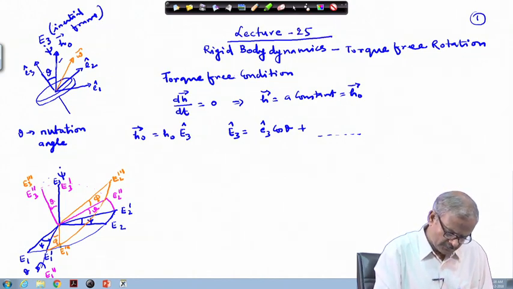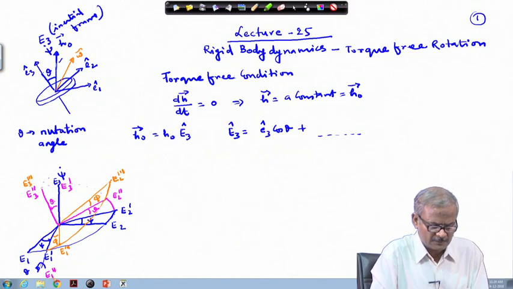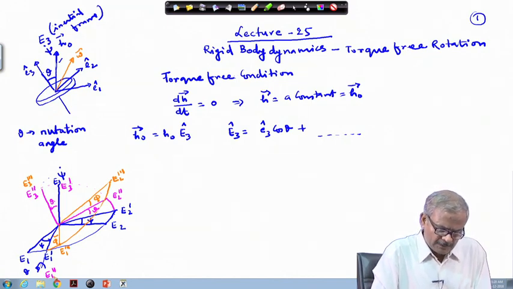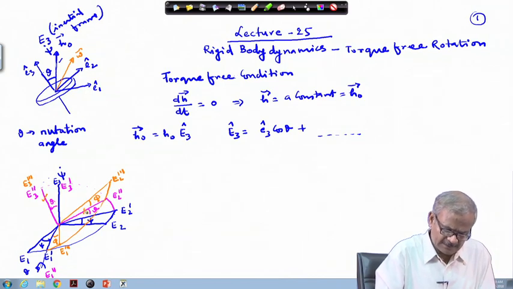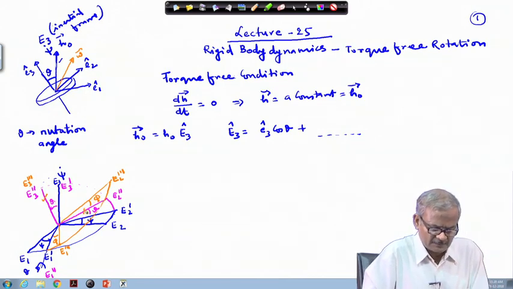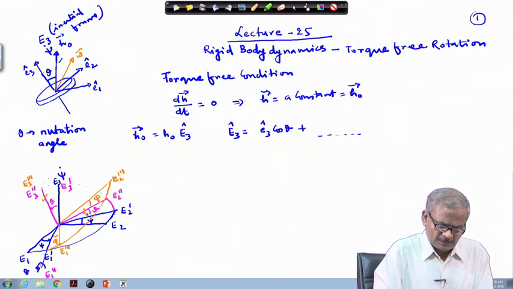This angle is phi. So, what we can observe is that this line and this line lie in the same plane. This pink line and this pink line are in the same plane.